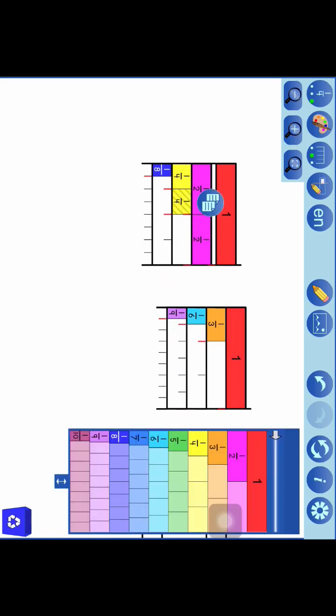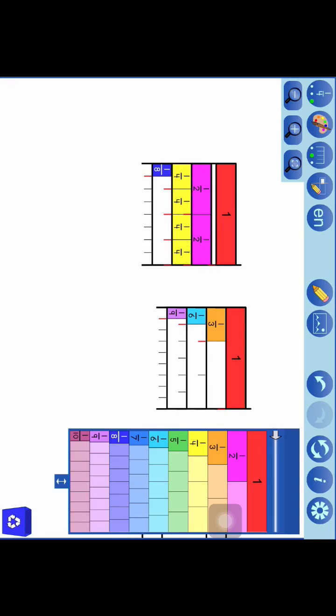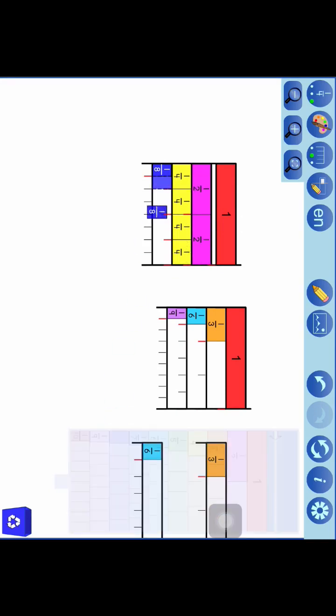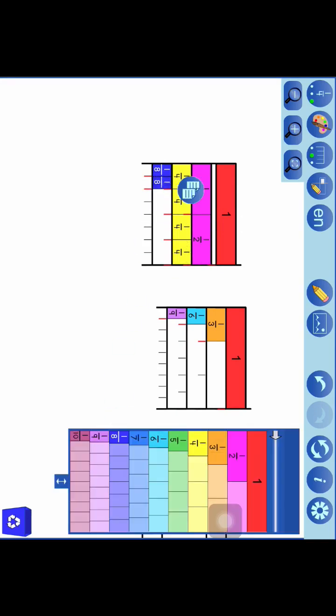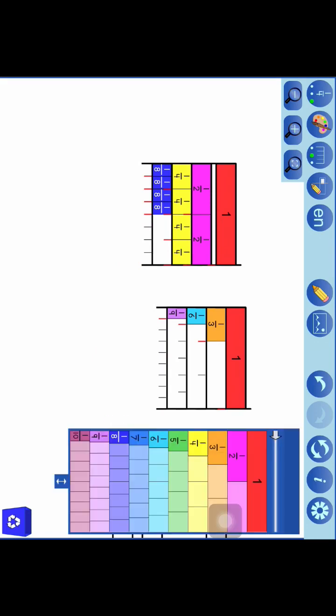If we split 1 into 4 parts, each part represents 1 over 4. So 4 of 1 over 4 equals 1. And if we split 1 into 8 parts, each part represents 1 over 8. If we put 8 of 1 over 8 together, it becomes 1.